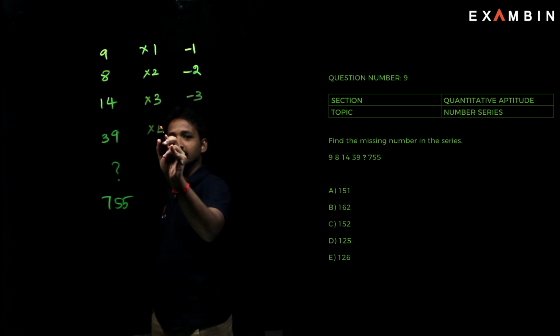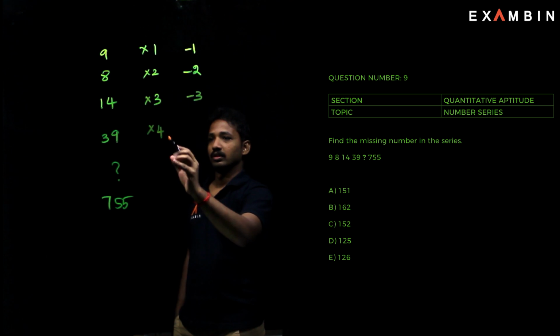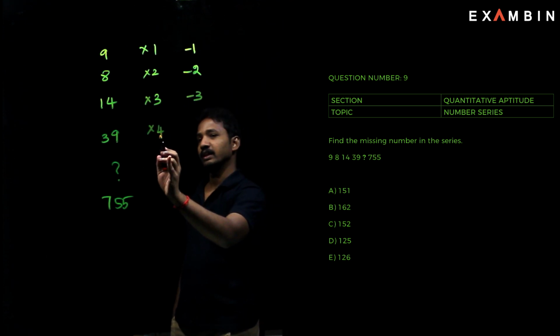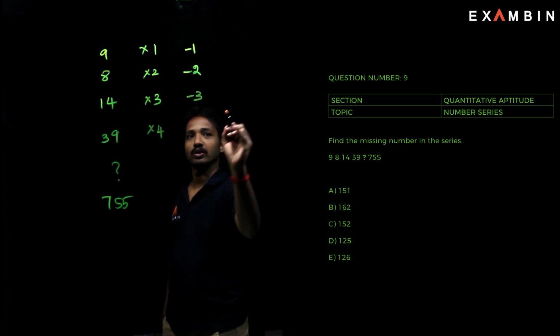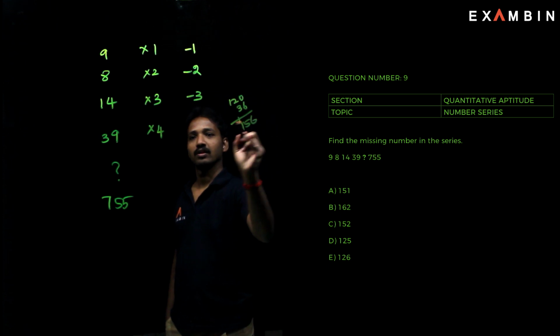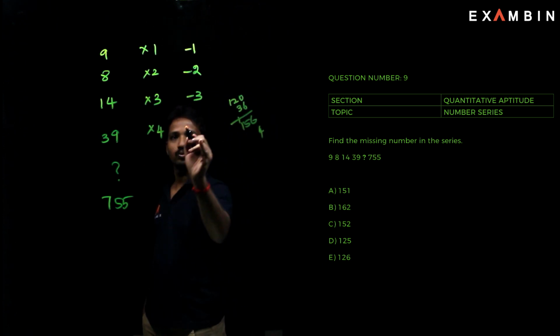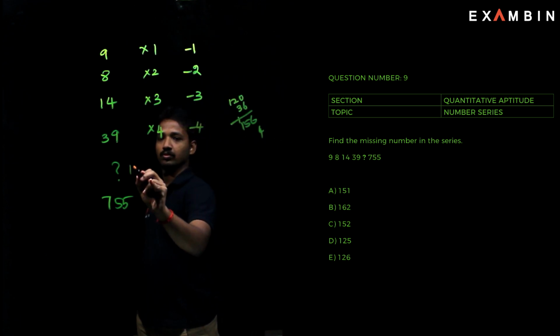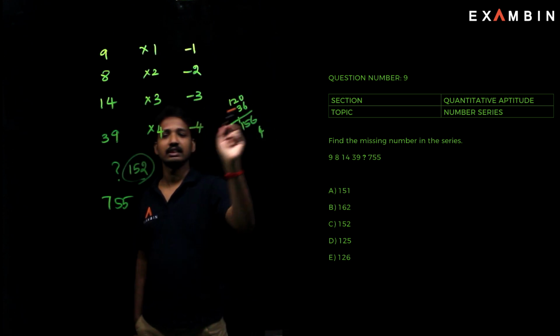So here we'll obviously multiply by 4: 39 into 4, 156, 156 minus 4, 152. Whether 152 is there in the options? Yes, C is the right answer.